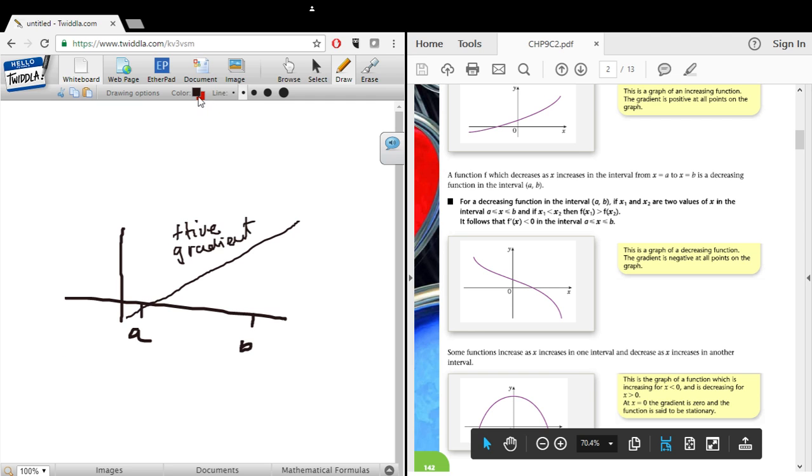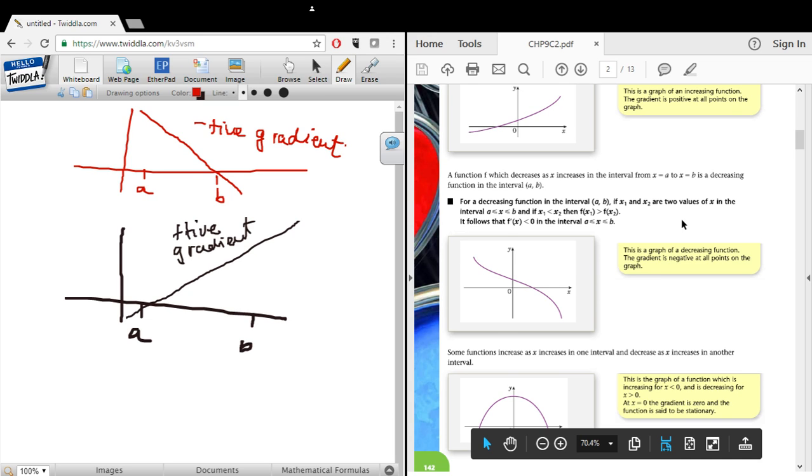Say we had a graph where A and B, and it goes as such, then this means that we will have a negative gradient. Okay, so please bear that in mind.